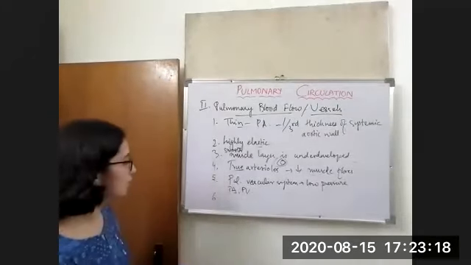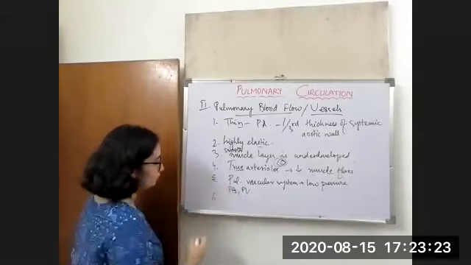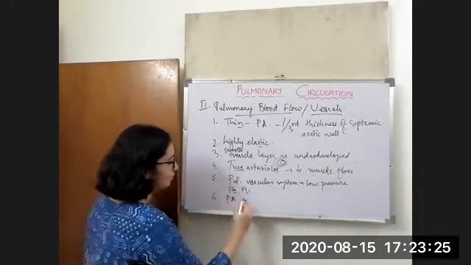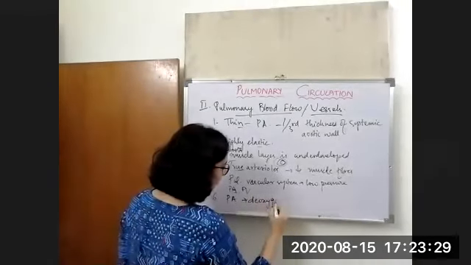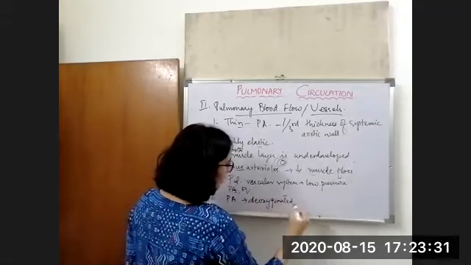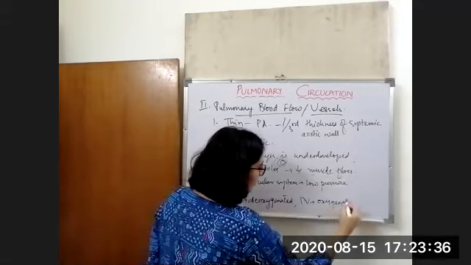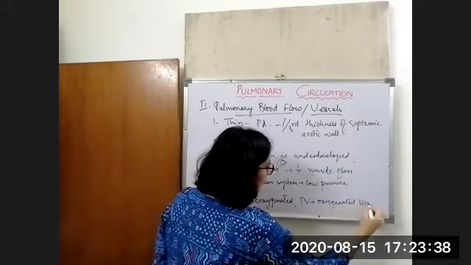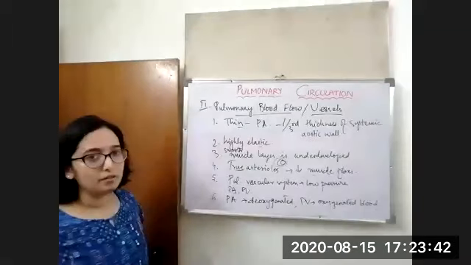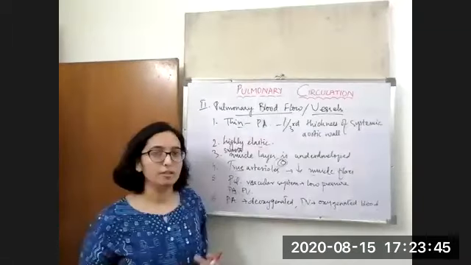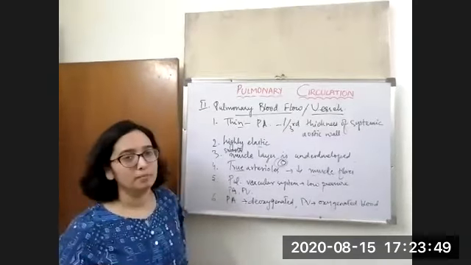Next, the pulmonary artery, as we have seen, supplies the deoxygenated blood, and the pulmonary vein supplies the oxygenated blood. What we see in other parts of the body is that arteries usually supply oxygenated blood and veins usually carry deoxygenated blood, like in systemic circulation.